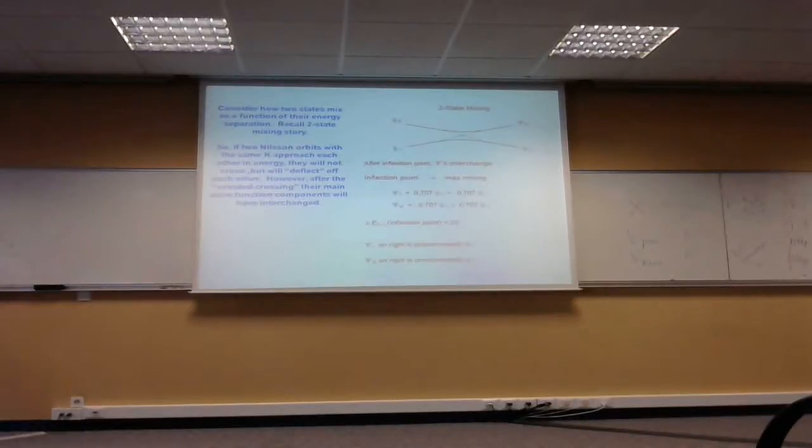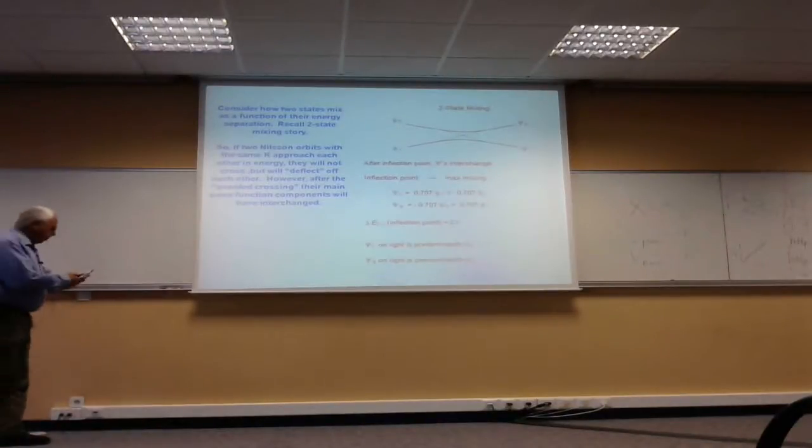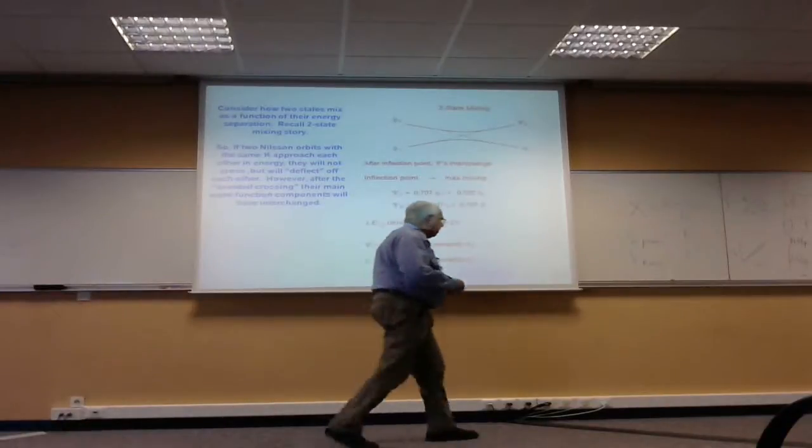So what's going to happen due to the mixing? Well, here, this orbit will be pushed down a little, and this will be pushed up a little when they mix. Here, it'll be a bigger effect, and here it'll be a bigger effect. And so the net effect is that they will curve. And that's what I'm trying to show here.